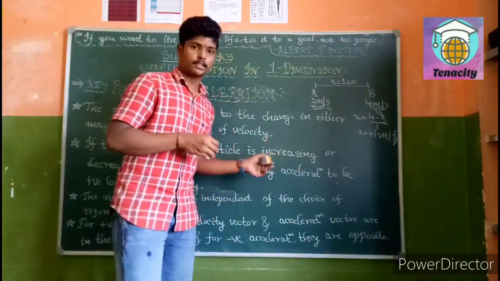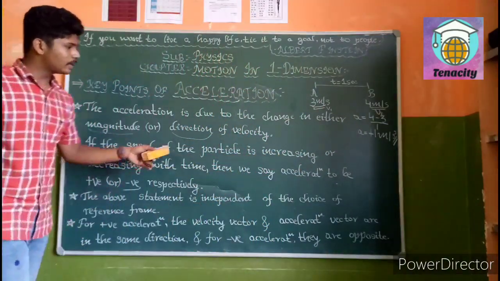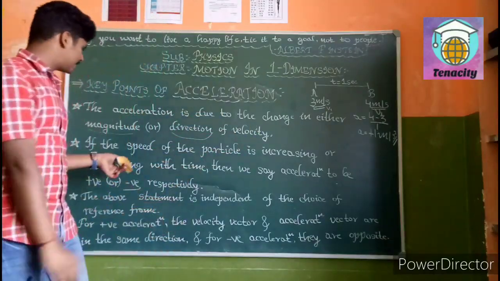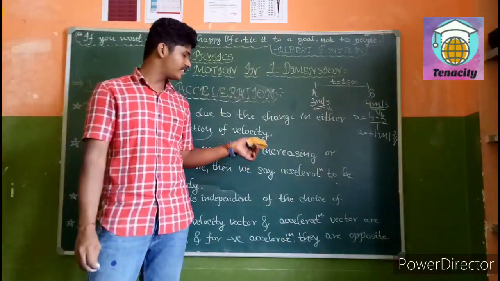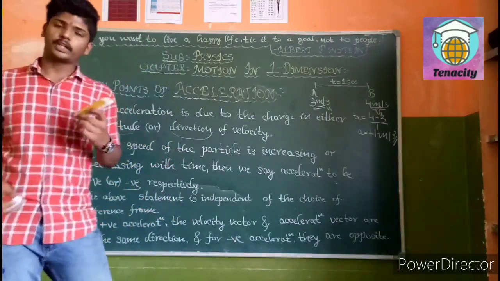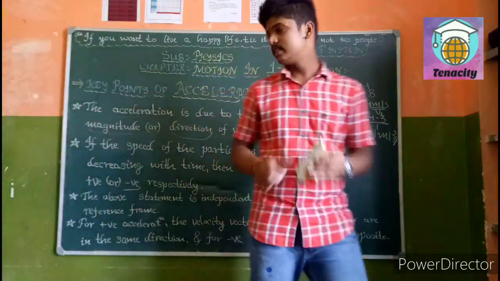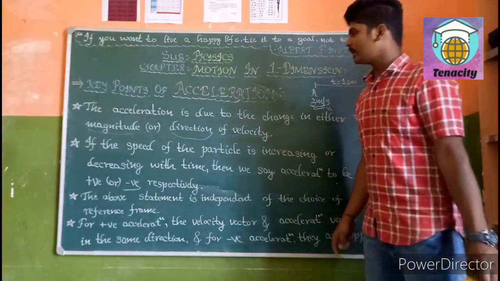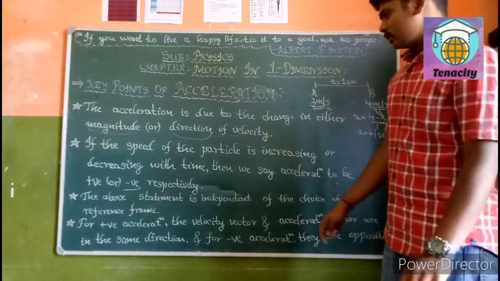I hope you are clear with this. If the speed of the particle is increasing or decreasing with time, then we say acceleration is positive or negative respectively. This is the second key point related to acceleration.